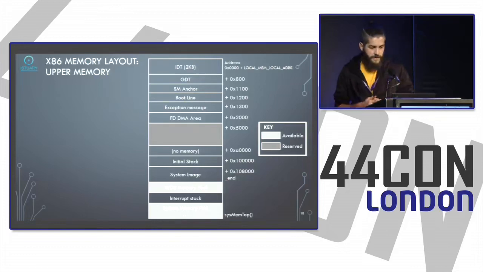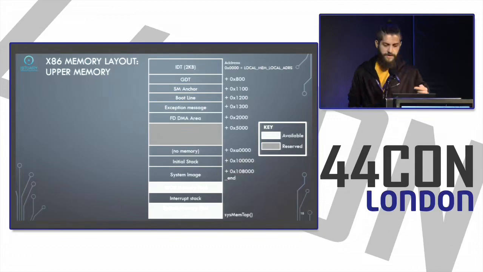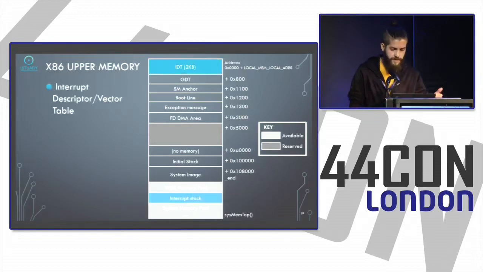So you can see here the addresses start and are relative to the local memory address variables that you can set when you create your VxWorks project. And then you first have the interrupt descriptor or vector table, which stores every interruption and exception pointer as well.